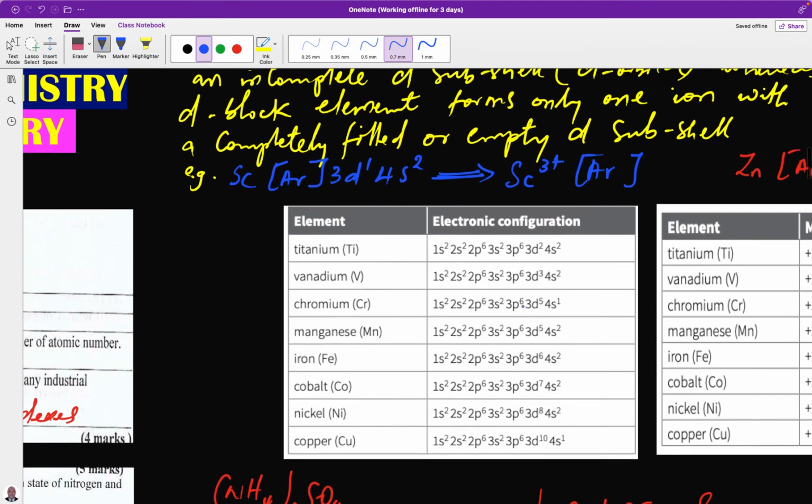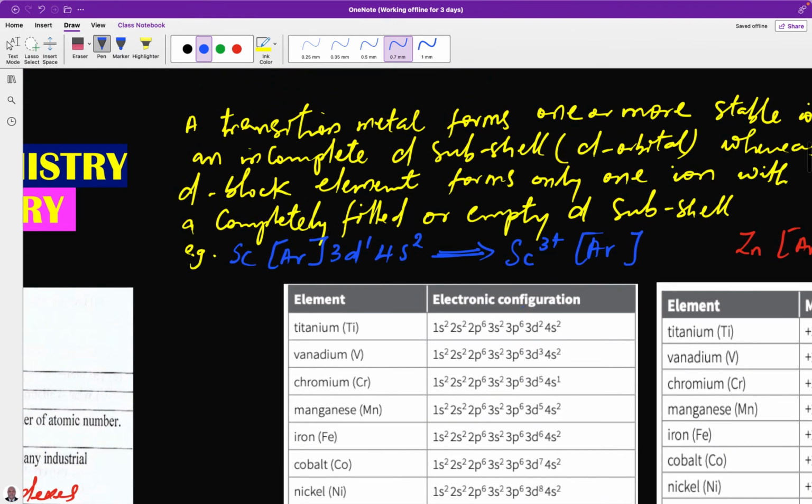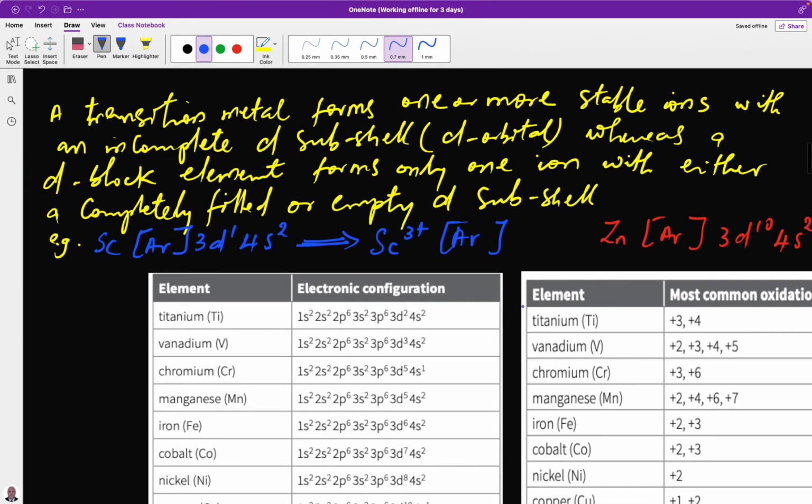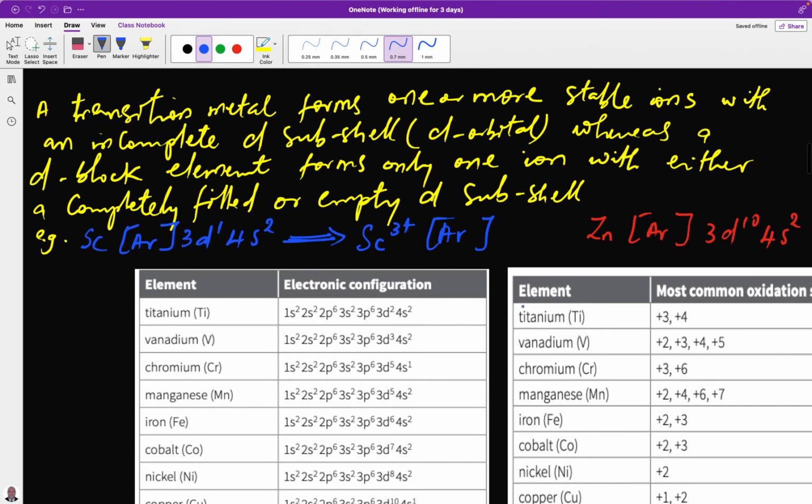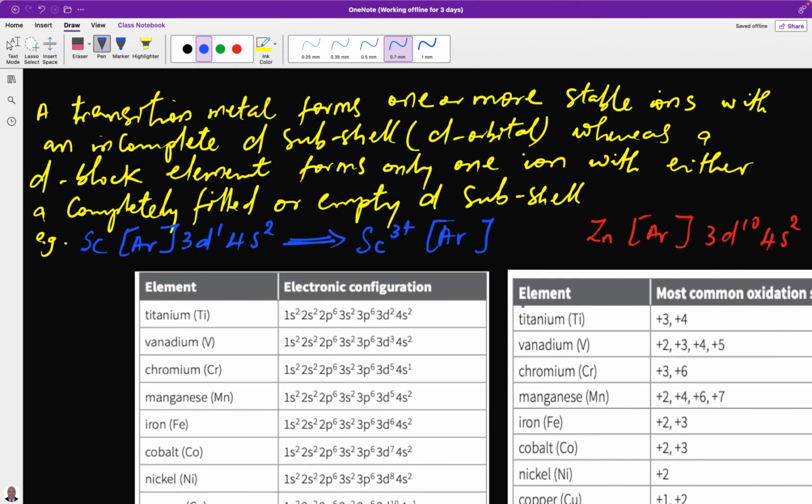But for d block elements, remember, not all the d block elements are transition metals. That is why I said a transition metal forms one or more stable ions with an incomplete d subshell, whereas d block elements form only one ion with either a completely filled or completely empty d subshell.